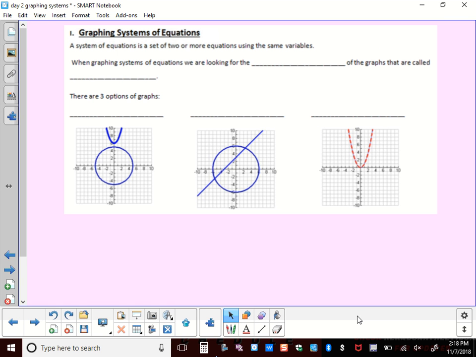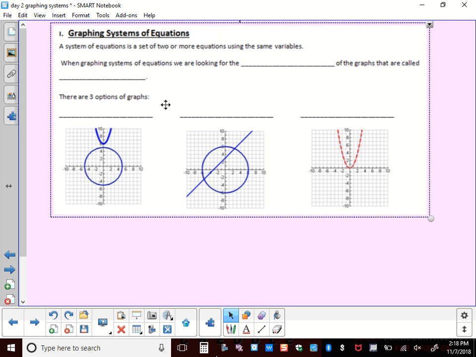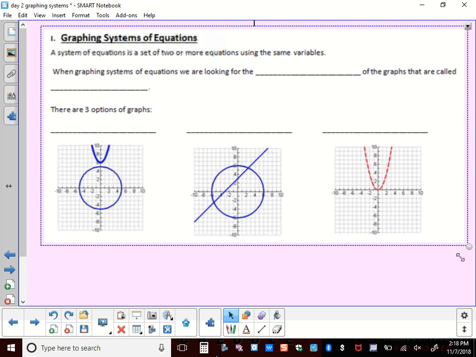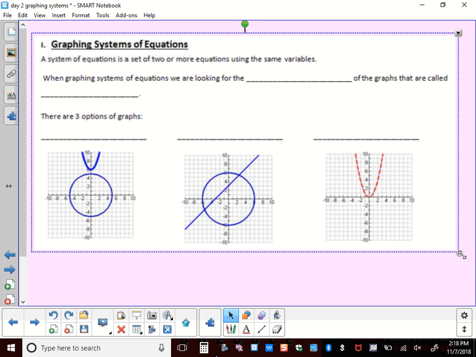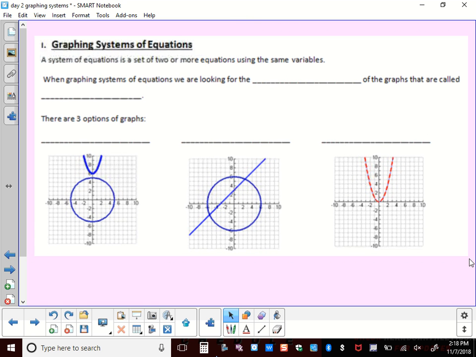All right, the fun starts. Oh boy. So we did part 1. For this we have graphing systems of equations.